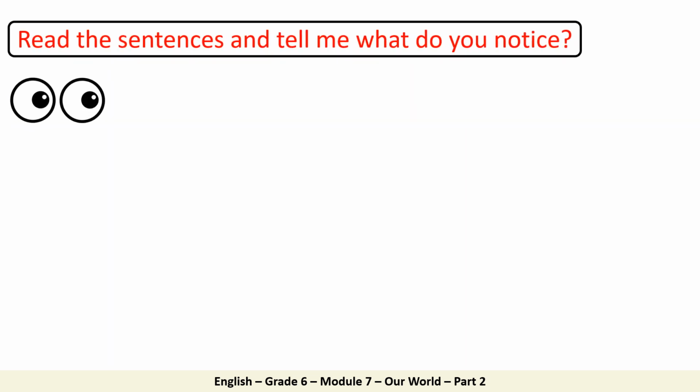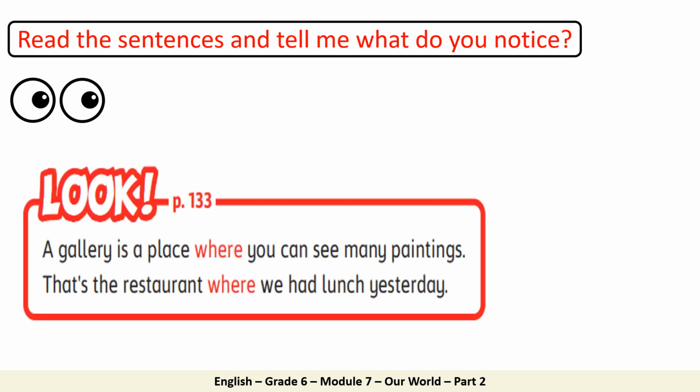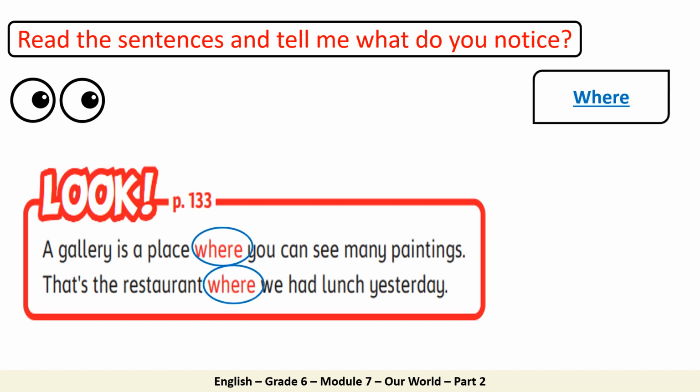Moving on, I'd like for you guys to read the sentences and tell me, what do you notice? Here, a gallery is a place where you can see many paintings. That's the restaurant where we had lunch yesterday. What do you notice here? The first thing you notice? That's right. We notice the word in red, where.